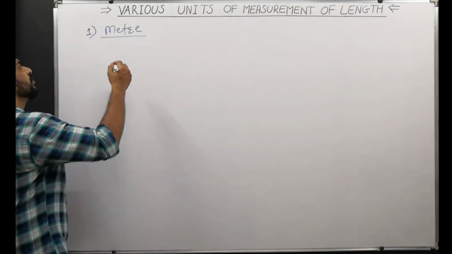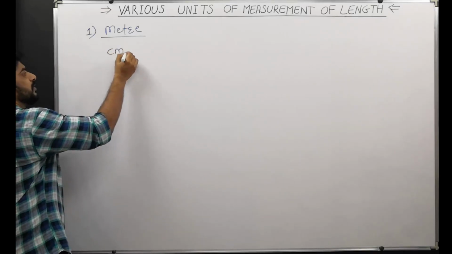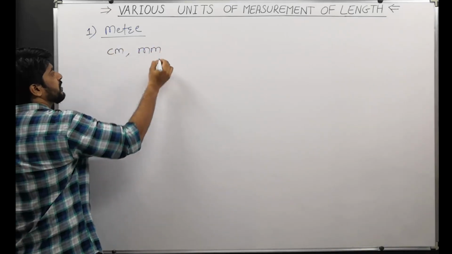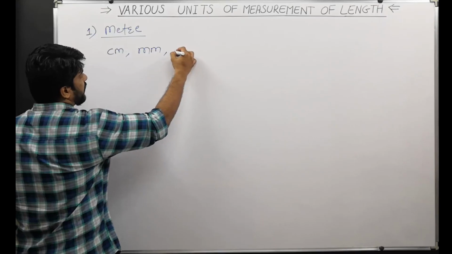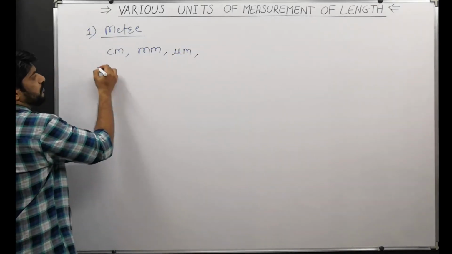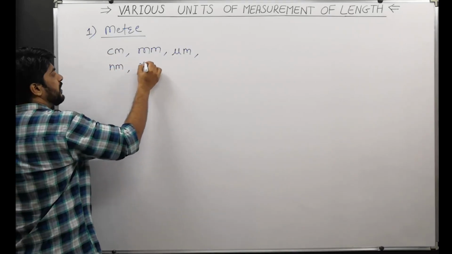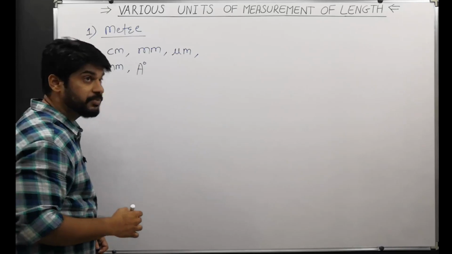Again, in meter we have lots of prefixes, like centimeter, mm that is millimeter, micrometer, and nanometer. We have the Angstrom unit, that is nothing but 10 raised to minus 10 meters.